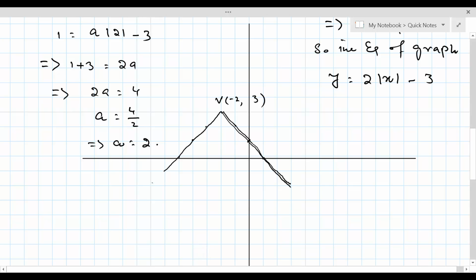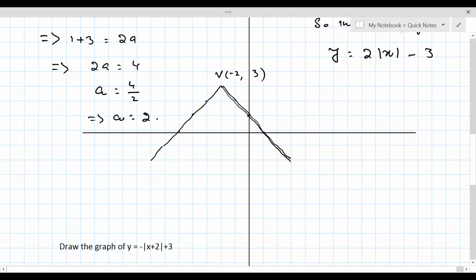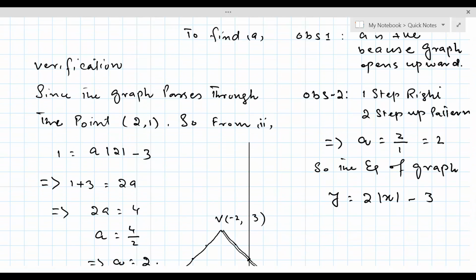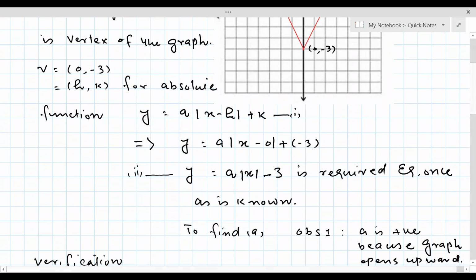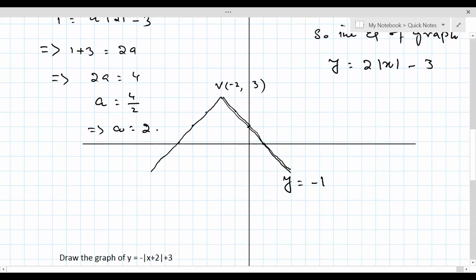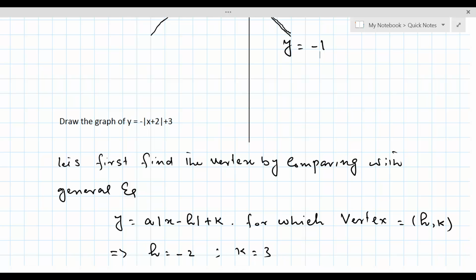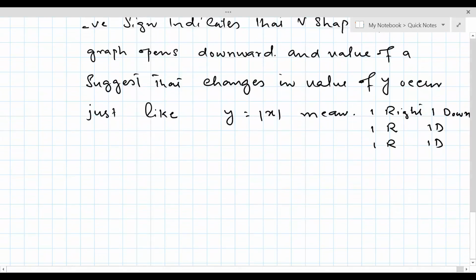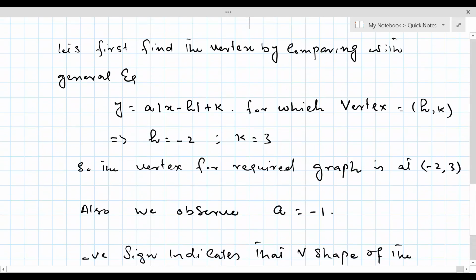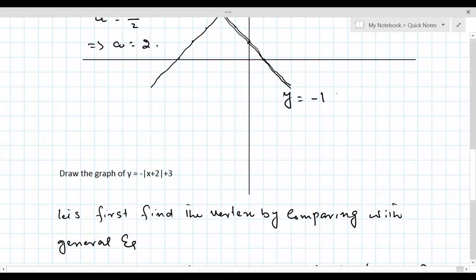This equation is y is equal to minus |x plus 2| plus 3. This is the required graph.